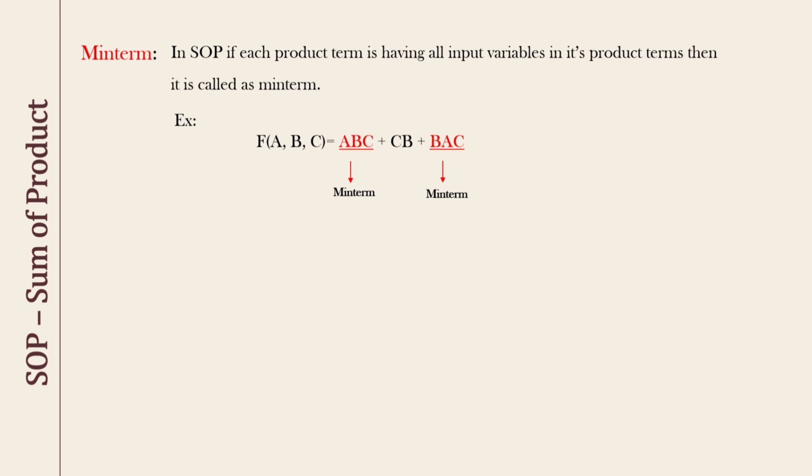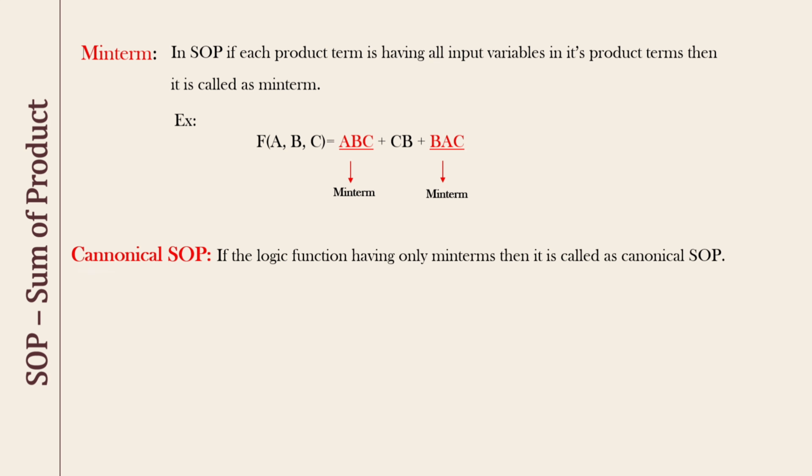Here we have only two minterms, abc and bac, because these two product terms have all the variables inside the function, that is a, b, c. But cb is not a minterm here because it has only the b and c variables. So a minterm is a product term which has all the variables inside the function.